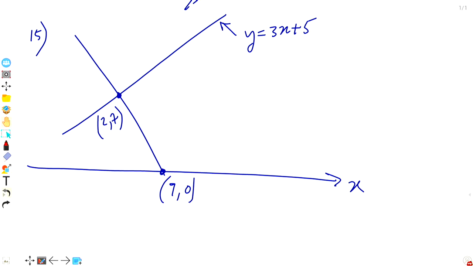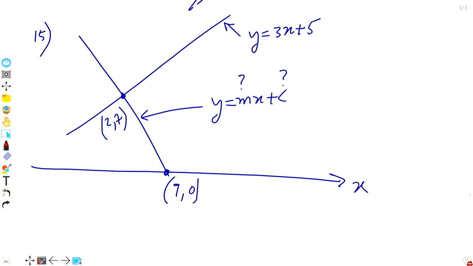The equation of the new line is, okay guys, the equation of the new line, right? So now this line is given, y is equal to 3x plus 5. This is given, right? So you need to find this line. So this line has y is equal to mx plus c, right? So you have to find m, you have to find c, right? So how to find m? m is the y difference over the x difference, rise over run, right?